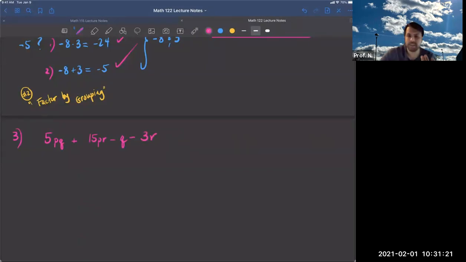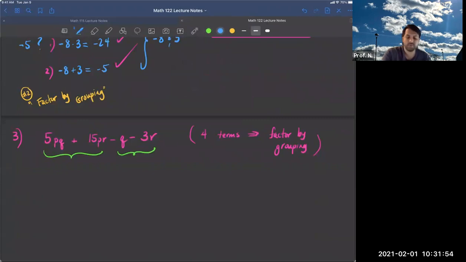So I want to factor this. This has 4 terms. Whenever you have 4 terms, always try to think that there might be a factor by grouping possibility, because when you have 4 terms, you can group them into 2 groups of 2. This may or may not work, and in this case, it's going to work.